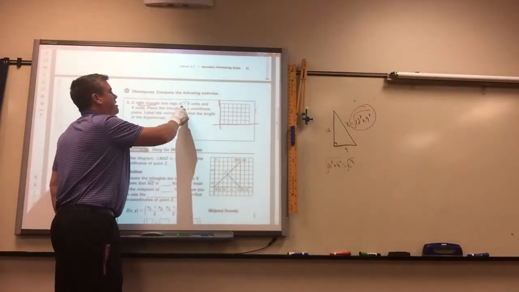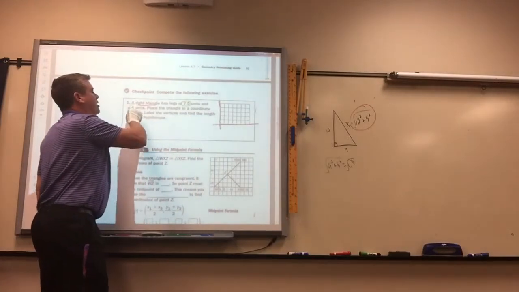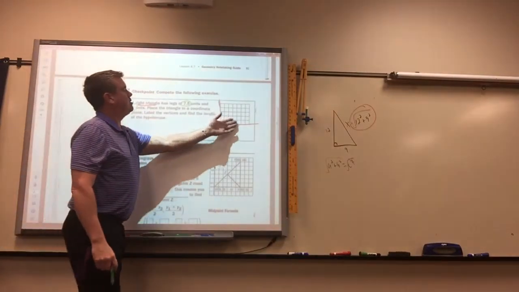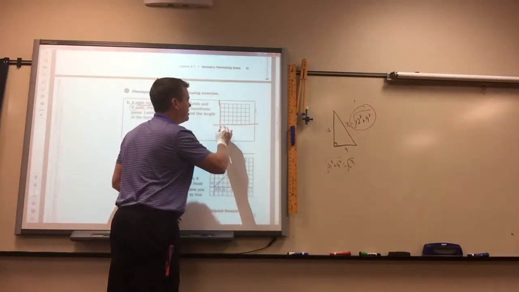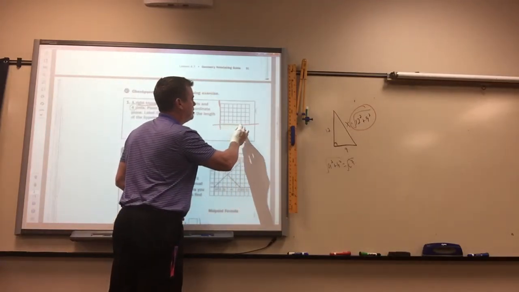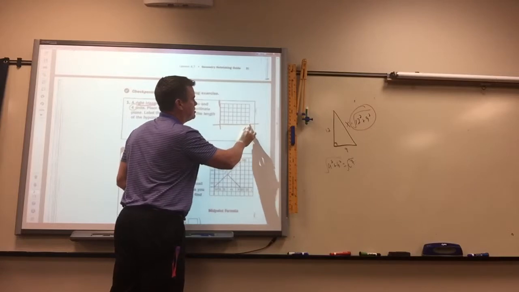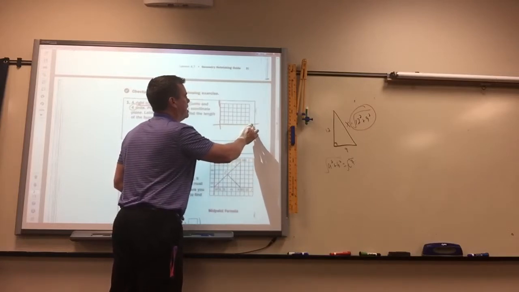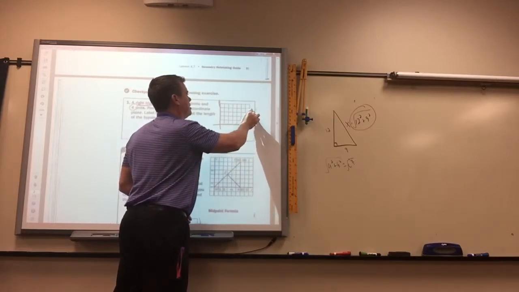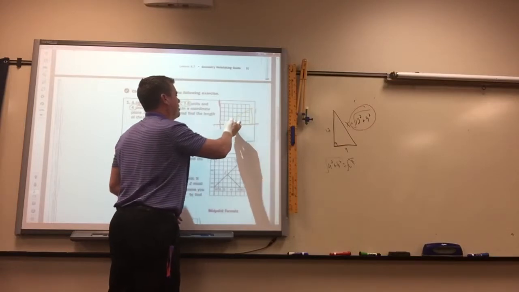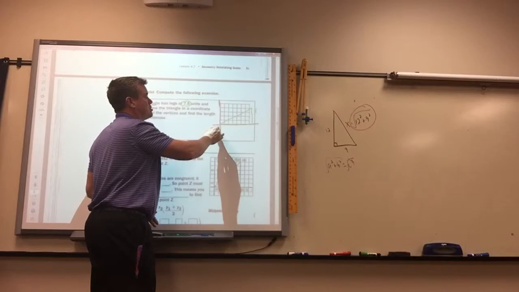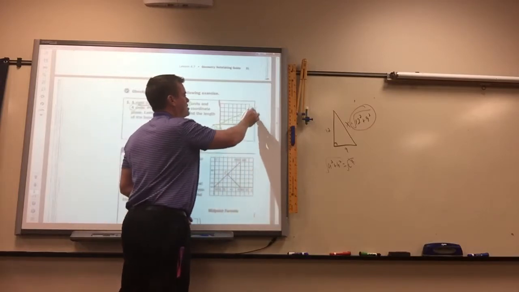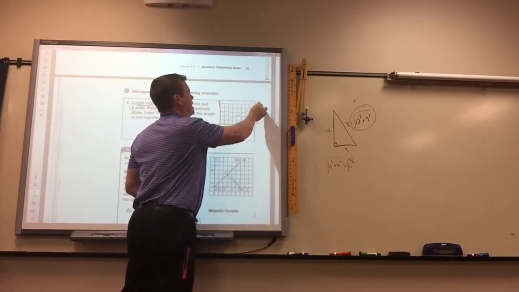The legs are 7.5 and 4. Now, since it only goes up so far, I would go out 7.5, which is actually right to there, because this is 7 right there, and then up 4, and then come down here to get the right triangle. So this is 0, 0, and this is 7.5 over and 4 up.